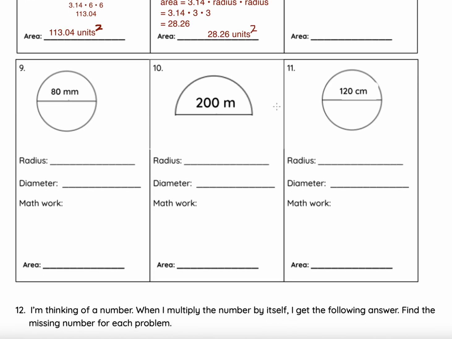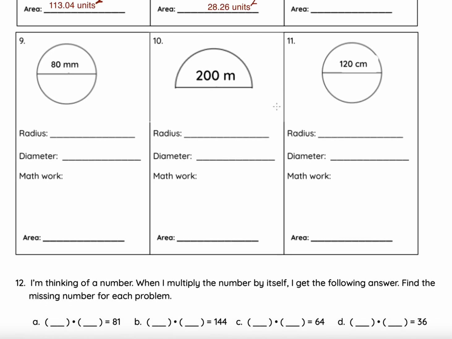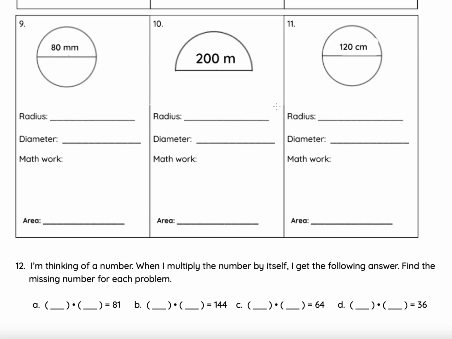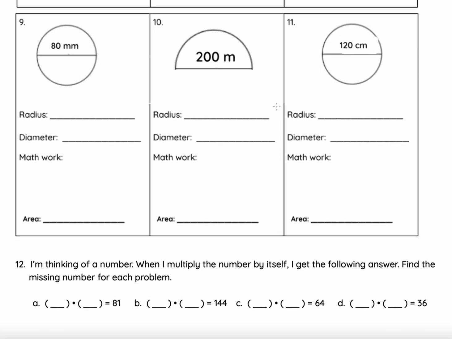But let's move on to problem number 10, because this one's a little bit different. In this case, once again, we don't have a full circle. We've got half of a circle, or what looks to me like a half of a circle. And another thing to note is that this 200 here is not the radius. That's actually the diameter.